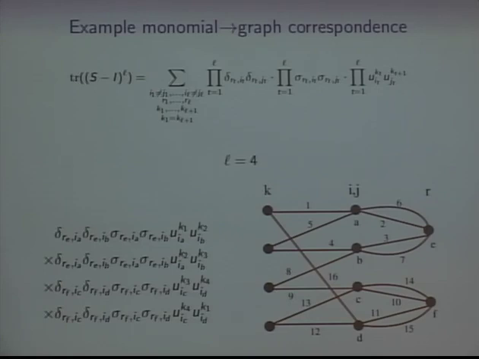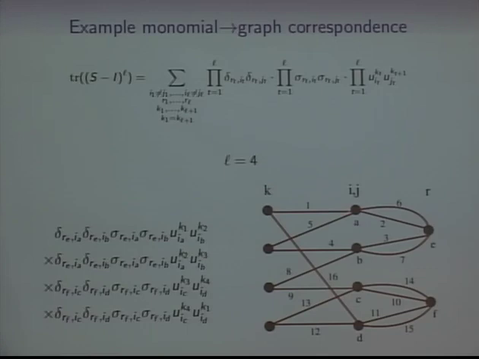So I want to make a few observations about what this graph structure is useful for. Why am I saying that you can bound the contribution of a monomial in terms of graph structure? There are a couple things to note here. Every edge from the middle to the right is a sigma and a delta, right? Sigma R_i and delta R_i. So this is a sigma R_i right here and a delta R_i also.